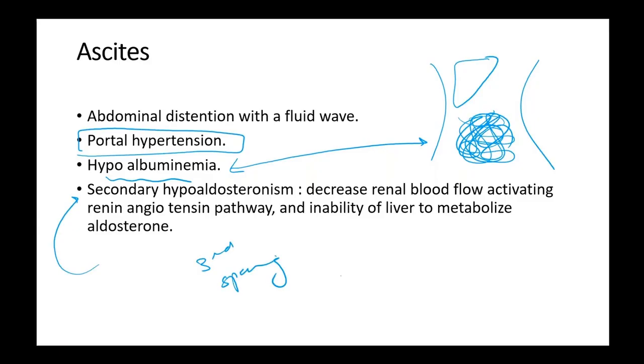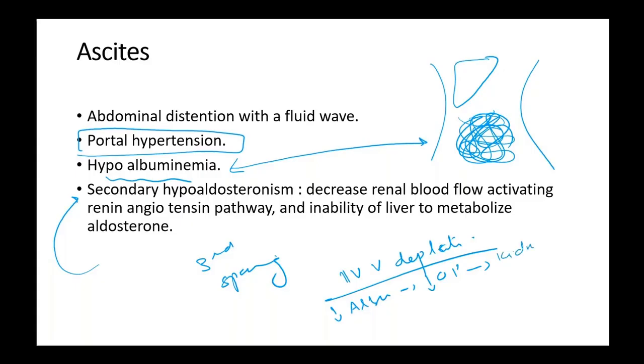So, intravascular volume depletion. Because of the decrease in albumin, that will result in a decrease in oncotic pressure. So fluid will be leaving the blood vessel, and the kidney will start thinking that there's not enough pressure in the body. Blood pressure is low, and the kidney will start producing aldosterone.